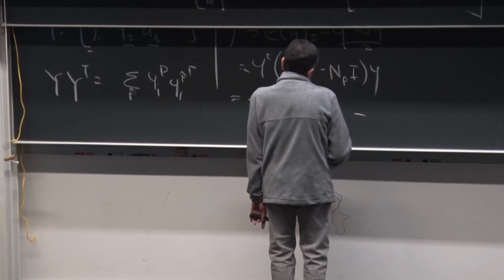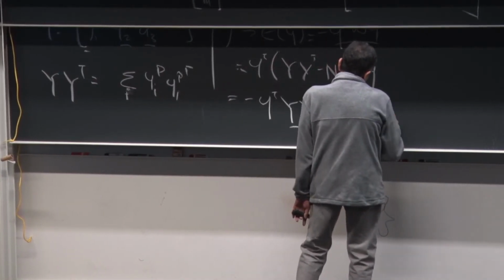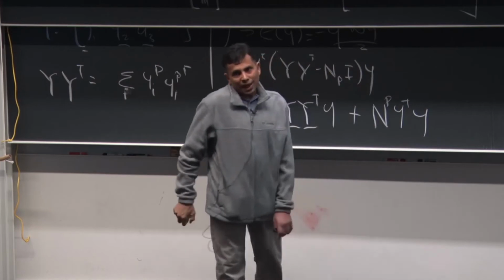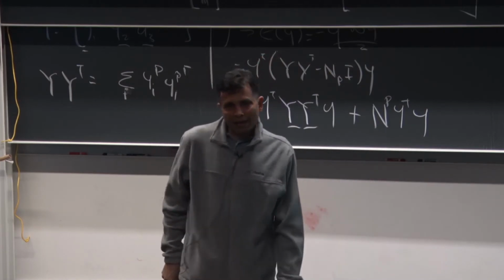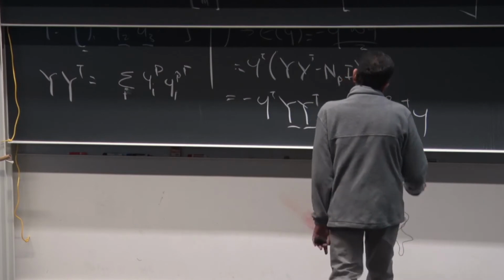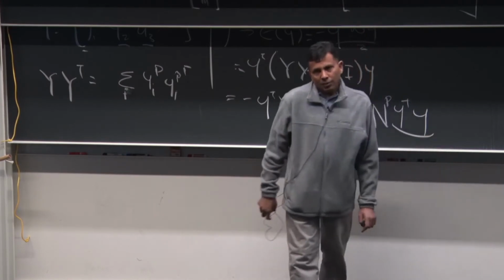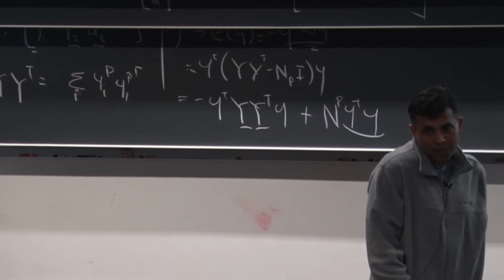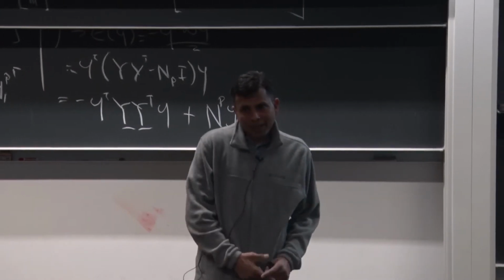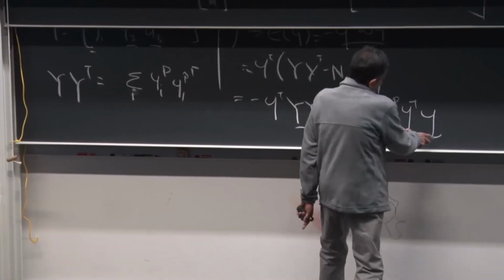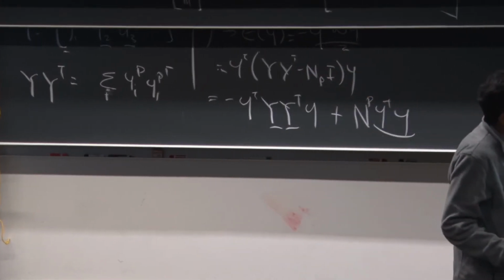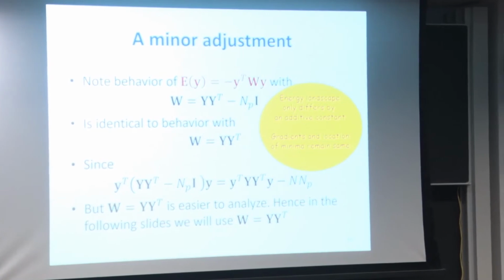Y. This is plus NP times Y transpose Y, because what was in between was the identity matrix, right? And this term over here is simply going to be N, because each of these vectors is a vector of binary entries where all values are +1 or -1. So this is simply the squared norm of the vector. Every component is either +1 or -1. So this is simply going to be n, which is the number of bits in the vector. So the whole thing ends up being like so, right?